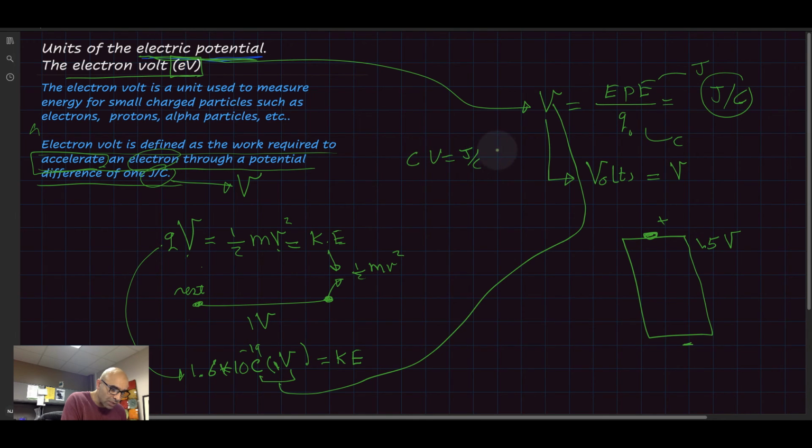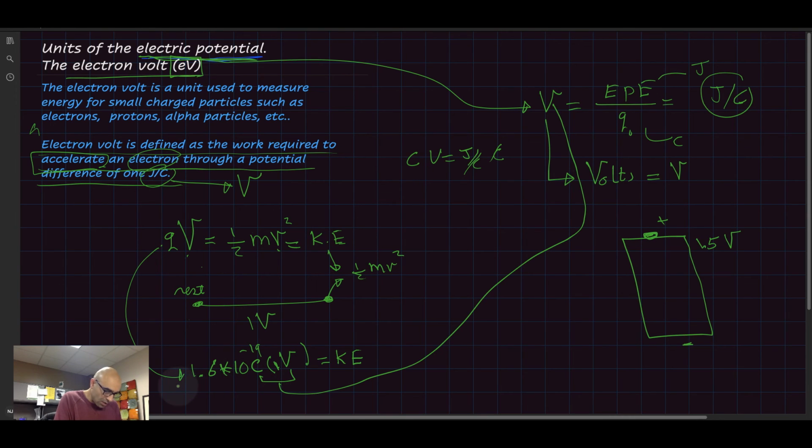Multiply by coulomb, and coulomb with coulomb cancels. So coulomb volt is actually joule. Yes, coulomb volt is actually joule. So this kinetic energy, which is gained by an electron accelerated through a potential difference of 1 volt, is a measure of energy.